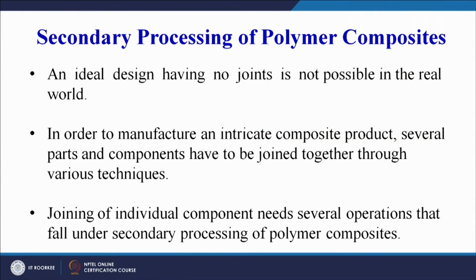So in order to manufacture an intricate composite product, several parts and components have to be joined together through various techniques, and that is the objective of our session, to have an overview of these techniques that are used for joining of polymer matrix composite parts.